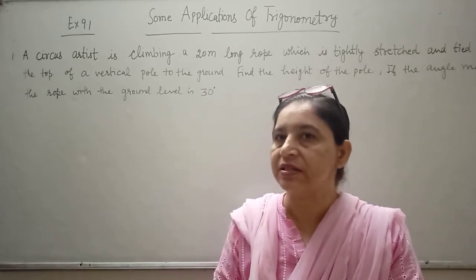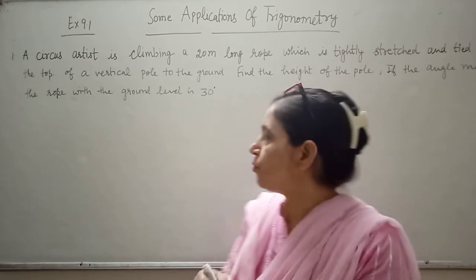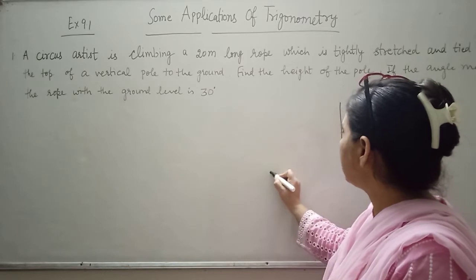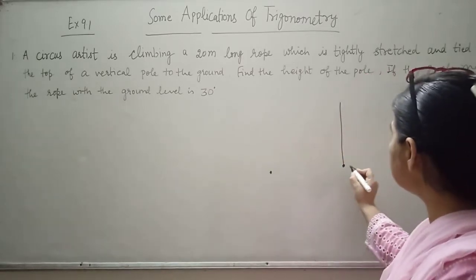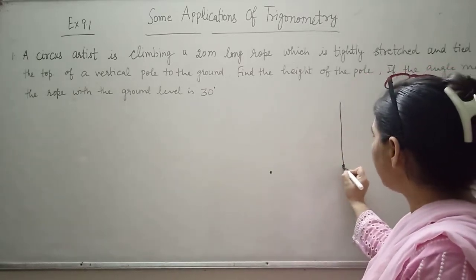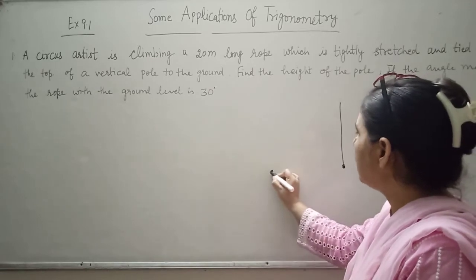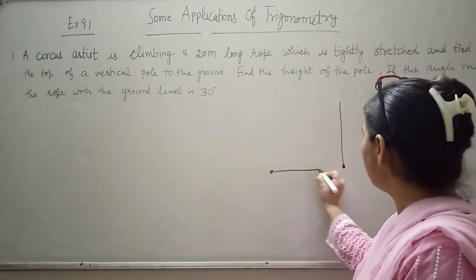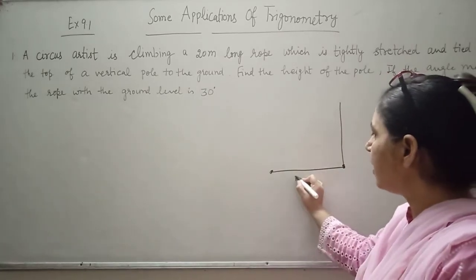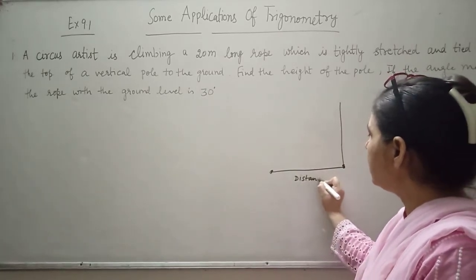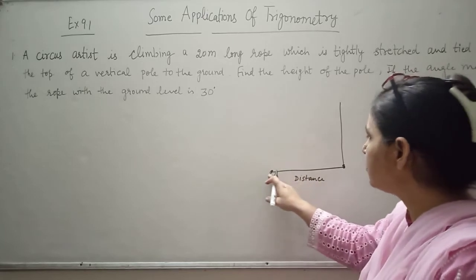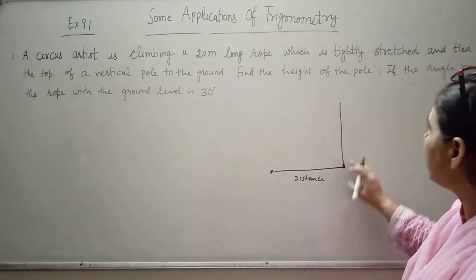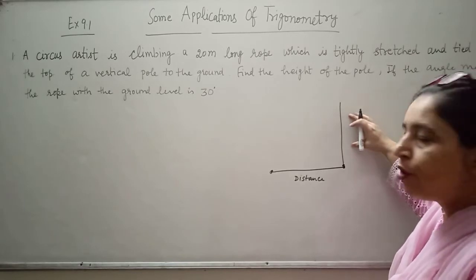If this is the high tower and we are standing here, we must know the distance between the foot of the tower and where we are standing, that is, the distance between the foot of the observer and the foot of that building whose height we are to find.